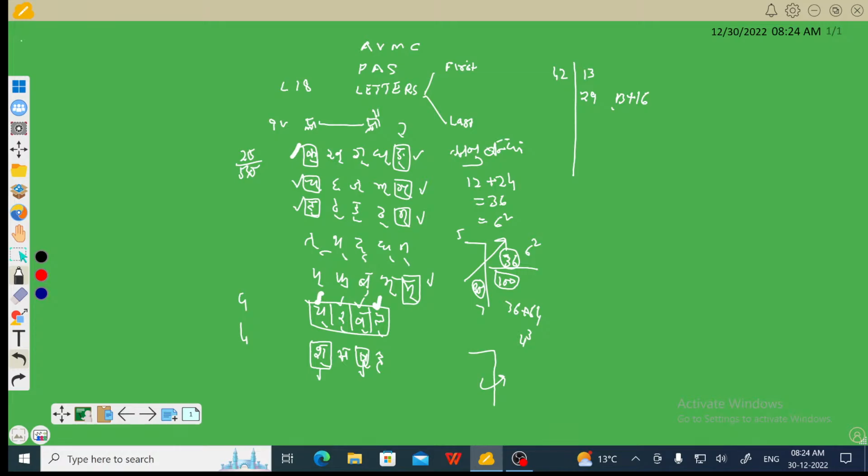Now let us see which letters are neither the first letters nor the last letters. 2 of them are these, and these are of TC values 3 and 4. 3 letters are these, of TC values 4, 5 and 6. And then 2 letters are these, of TC values 5 and 6. And 1 letter is this, of TC value 3.